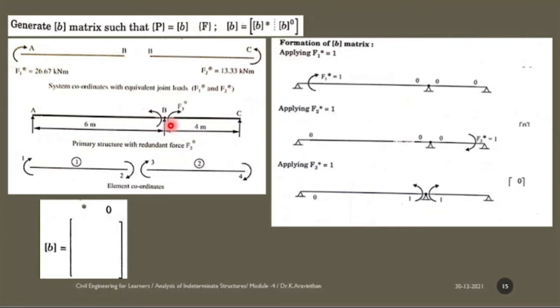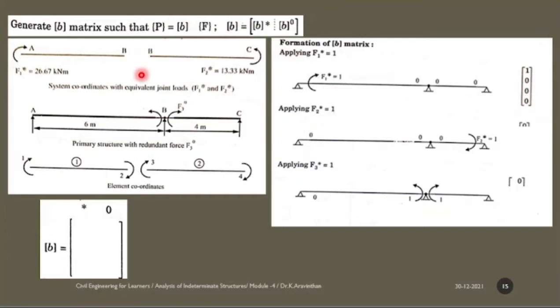Now you have to apply 1 at F1. What is F1? You have taken F1 as this component, apply F1 equal to 1. So if I am considering F1 equal to 1, you have the remaining nodes. How many remaining nodes are there? 1, 2, 3. You have 3 remaining nodes. If you apply 1 here, the rest of the things will be 0. 1, 0, 0, 0.